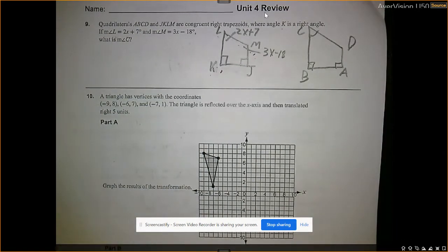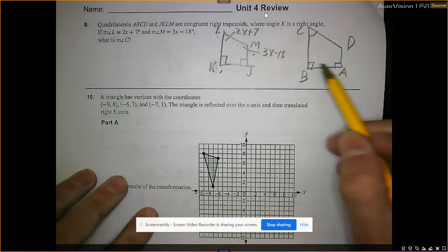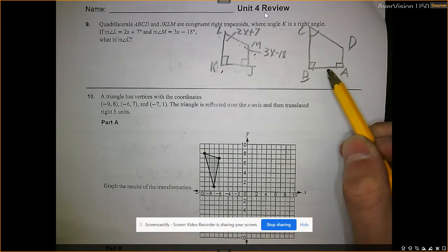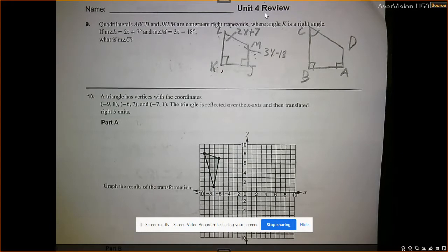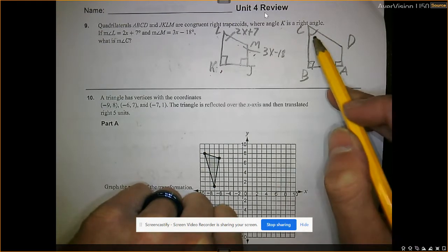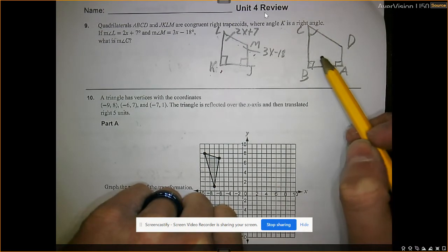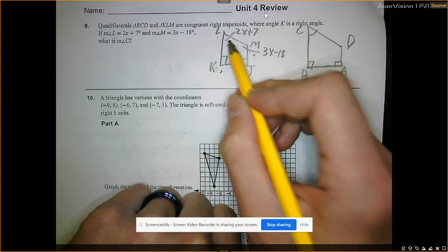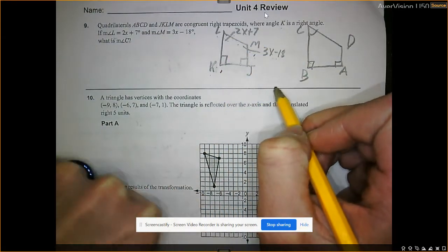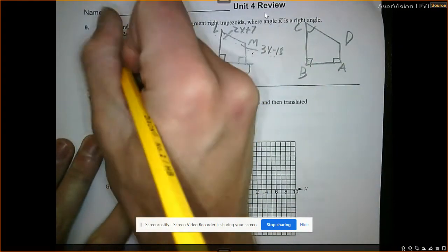Okay. So here's what we have to know now. It requires some prior knowledge. If we have two 90-degree angles here, well, 90 plus 90 is 180. And every quadrilateral's angles add up to 360. So 360 minus 180 means these two together, 2x plus 7 and 3x minus 18, have to add up to 180.